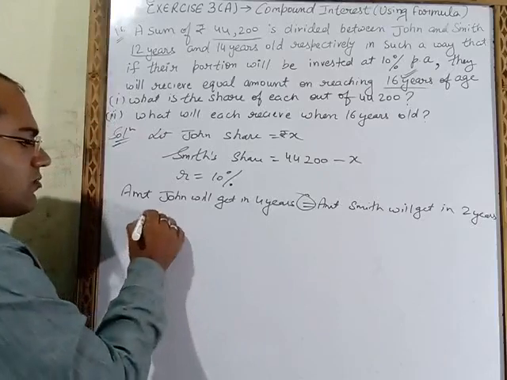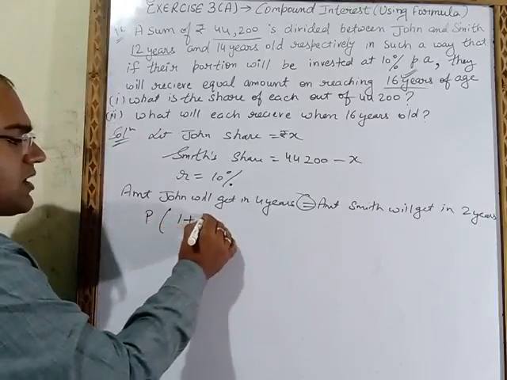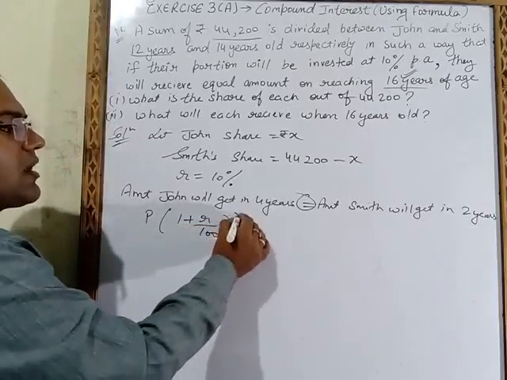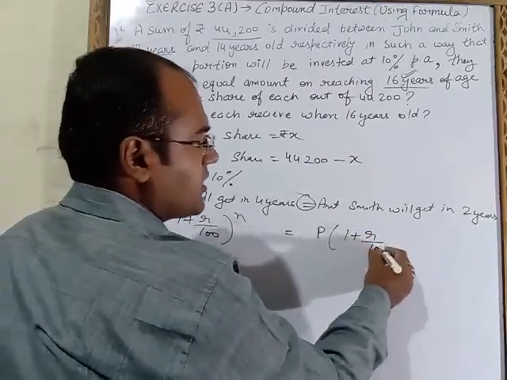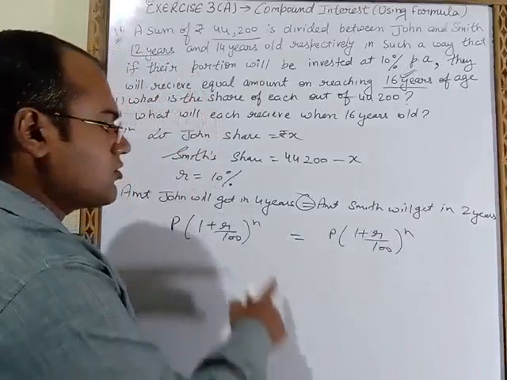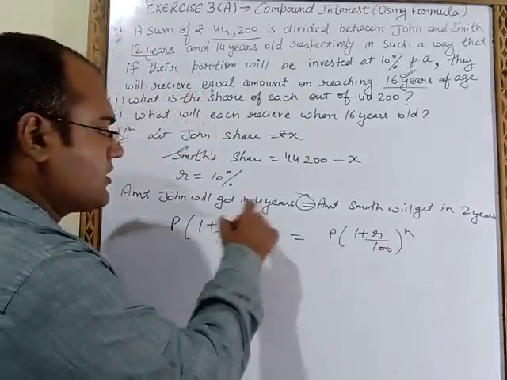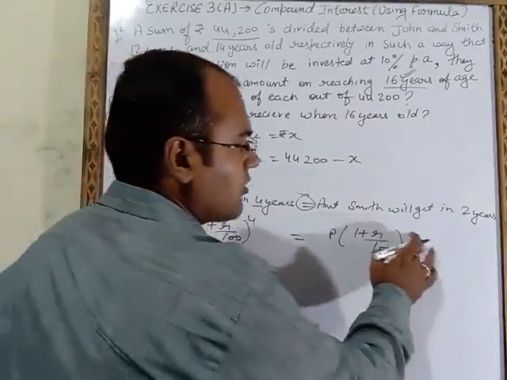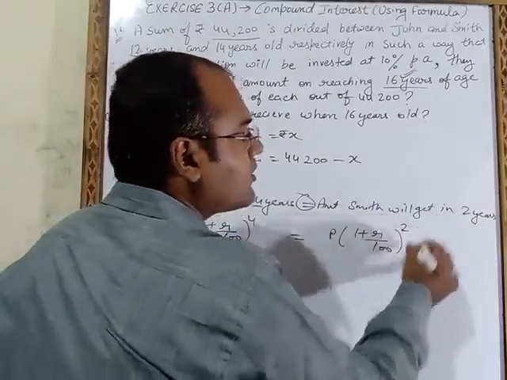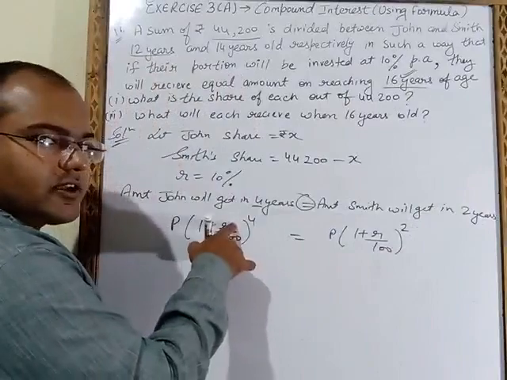Now here we will use the formula amount is equal to P bracket 1 plus R upon 100 power n. There also I will use P bracket 1 plus R upon 100 power n. Here n denotes number of years. 4 years are coming, so instead of n we will put 4. Here also in place of n we will put 2 years. R means rate of interest.